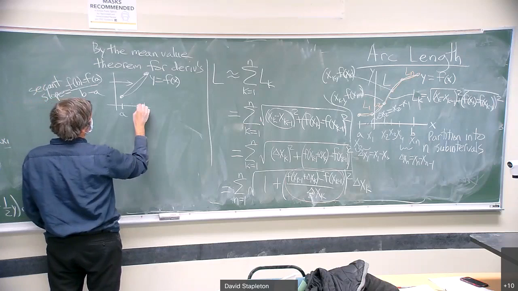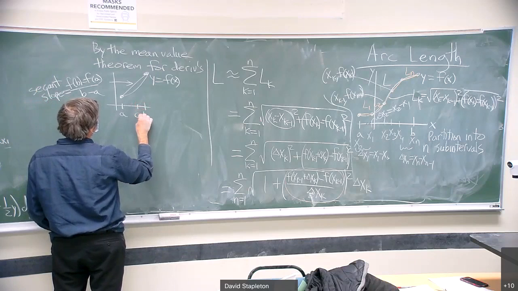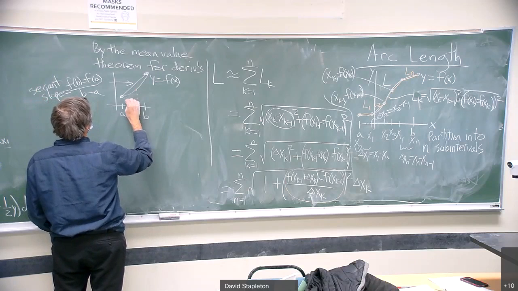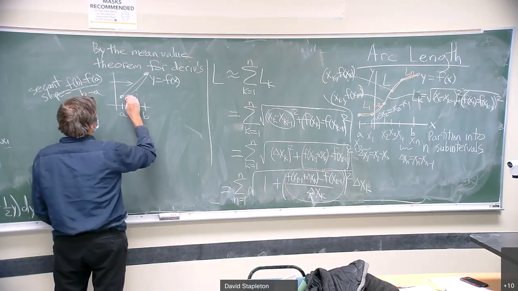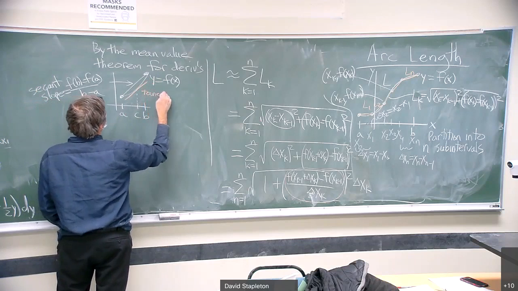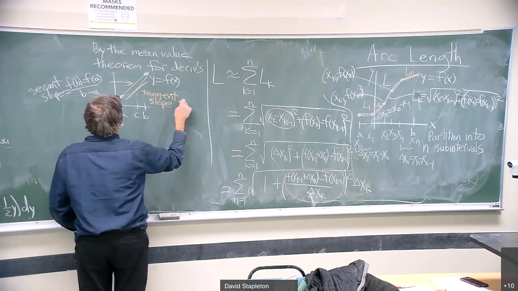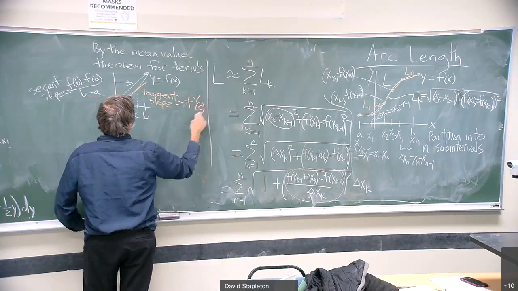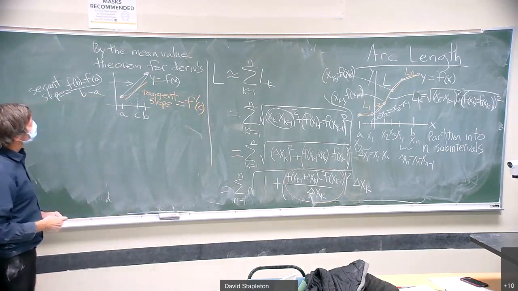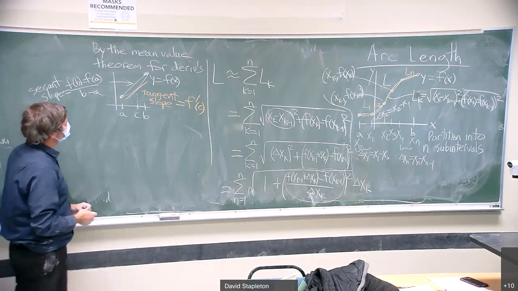The mean value theorem for derivatives says that somewhere in between a and b, there's at least one point where the slope of the tangent line is equal to the slope of the secant line, provided that the derivative is continuous.